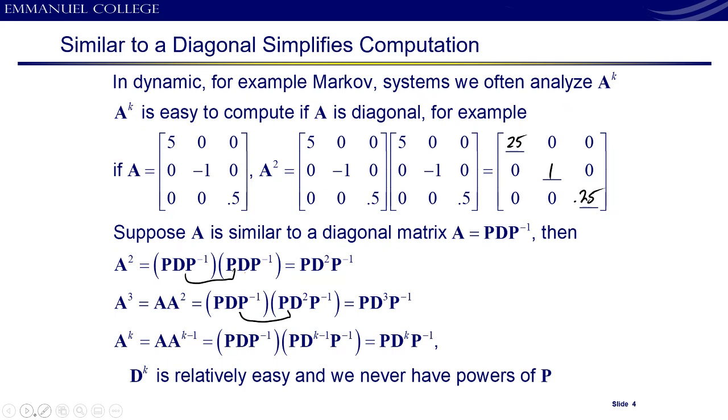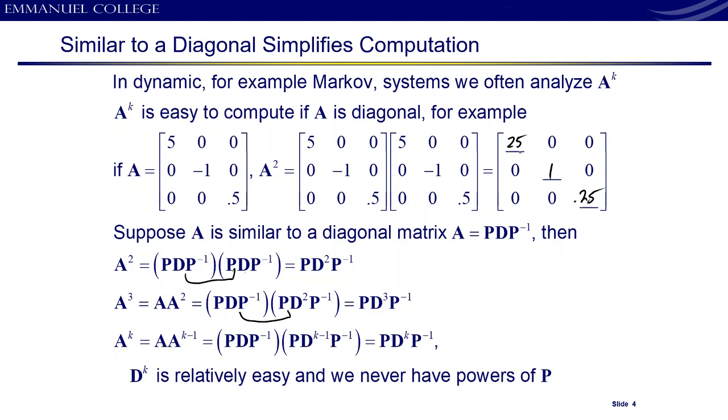And you can see that in general, if you need to raise A to the power k, and you know the similar matrix to it, then it's simply P times D to the power of k times P inverse. And as we showed for A squared, if a matrix is diagonal, it's very easy to calculate.